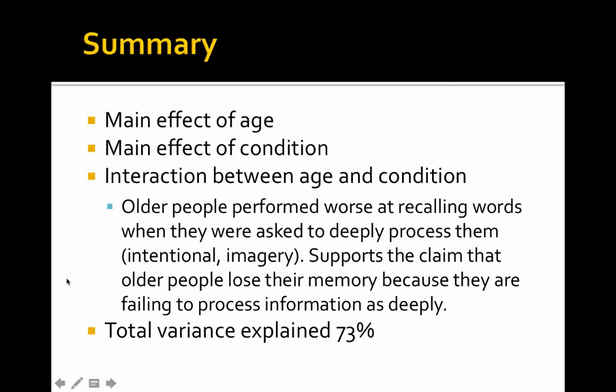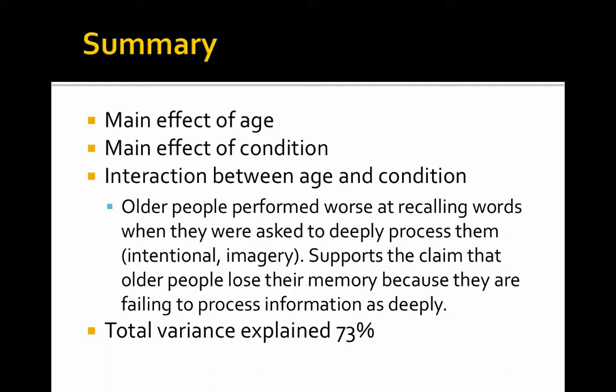And so if we put that all together, what we find out from this analysis is the main effect of age, the main effect of condition, and the interaction between age and condition. And what we actually saw here when we looked into the data, when we visualized it, is that older people were worse at recalling words when they're asked to use those deeper processing techniques like intentional and imagery.